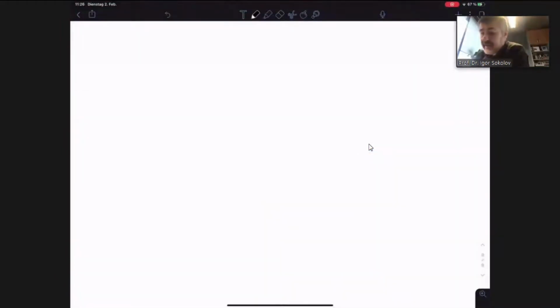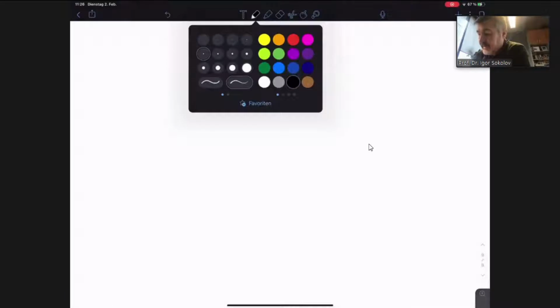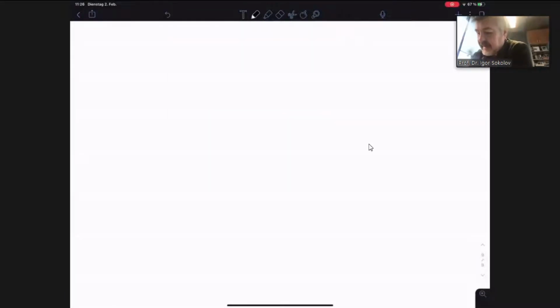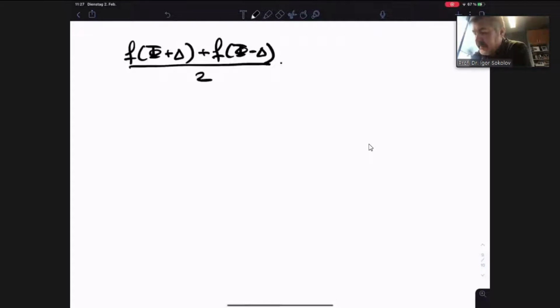So what I have there is an expression of the type, I have some function f of phi plus delta. I don't put chi here. Chi is constant, plus f of phi minus delta, half, minus f of phi.